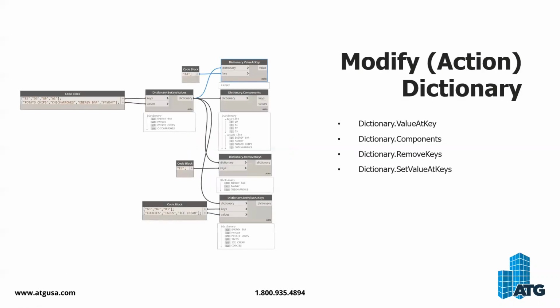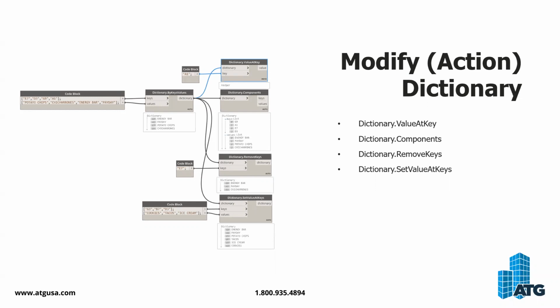Looking at the modify and action nodes for the dictionaries, we have a couple in here. Dictionary.ValueAtKey is the one that I use the most to extract a value by inserting a key. We can also see the components that make up that dictionary, look at all the keys and the values. We can remove keys just by inputting the key into the keys, and we'll remove that key and value out of our dictionary.